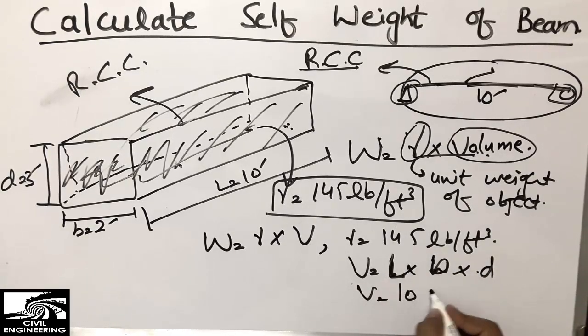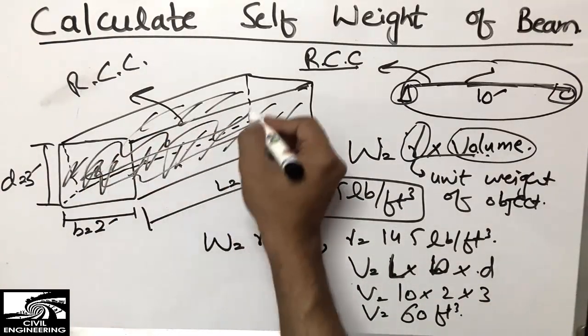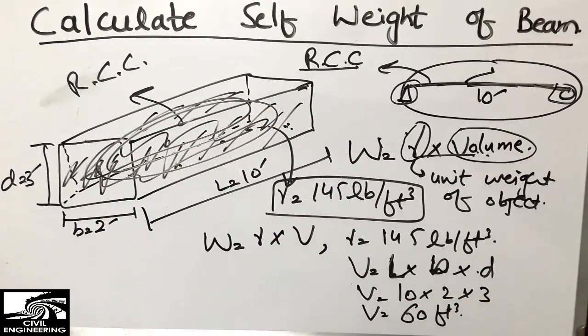Here we have length 10 foot, width 2 foot, and depth 3 foot. By calculating, we get 60 cubic foot as the volume of this beam, right?